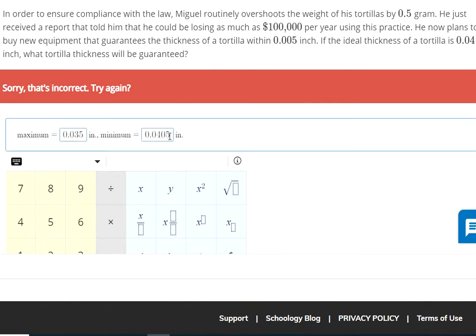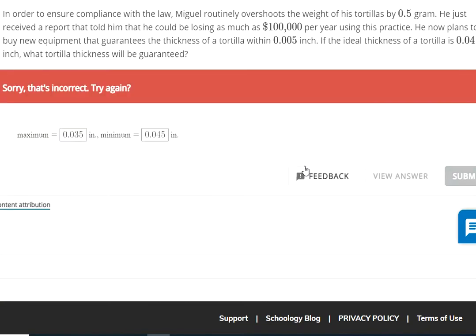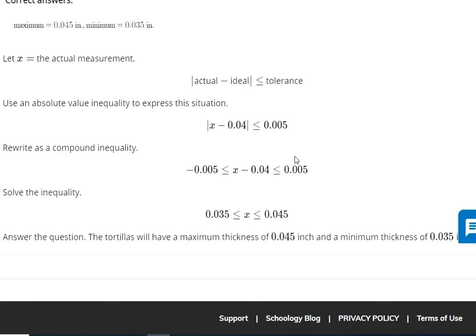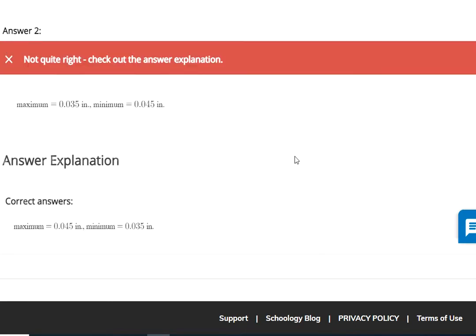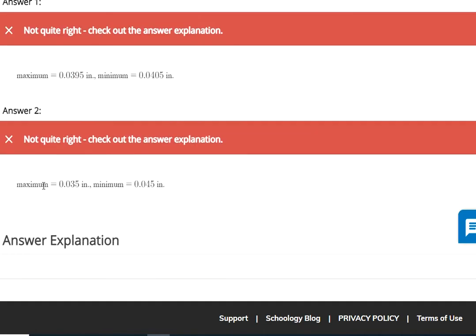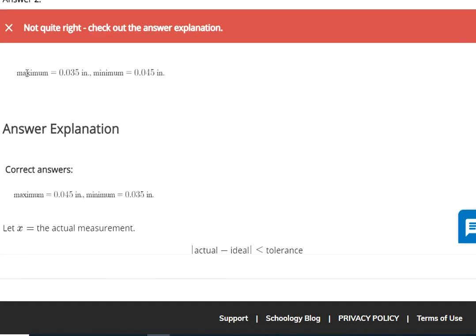And then this should be here if I was to add that with a calculator. Oh, I switched the maximum and the minimum. Okay, so you want to take it a little slower than I did. I put the maximum as the smaller amount, and I put the minimum as the larger amount, so don't do what I did there.